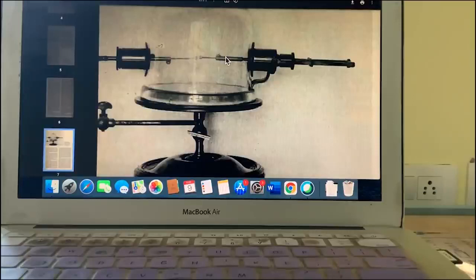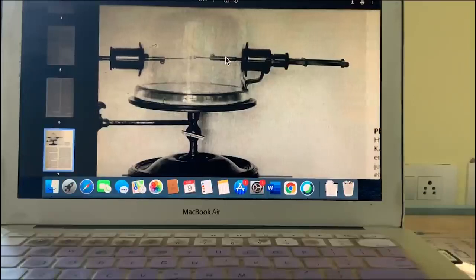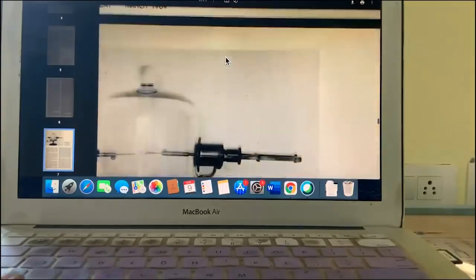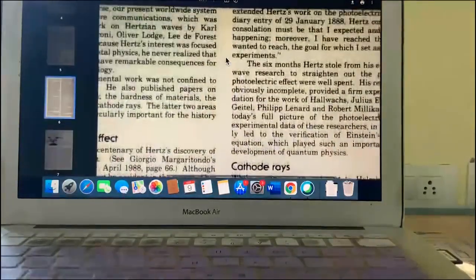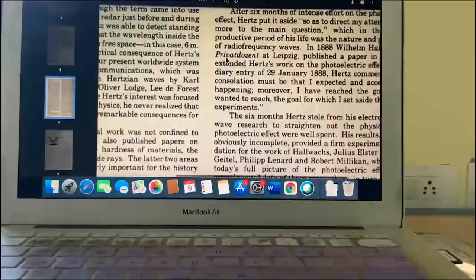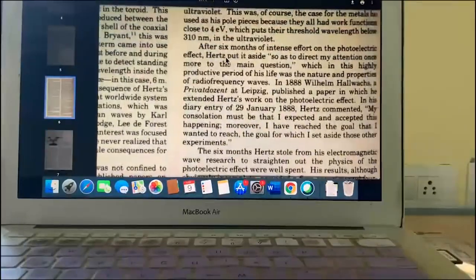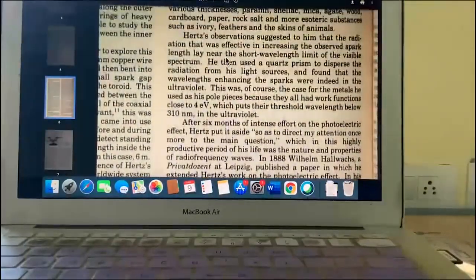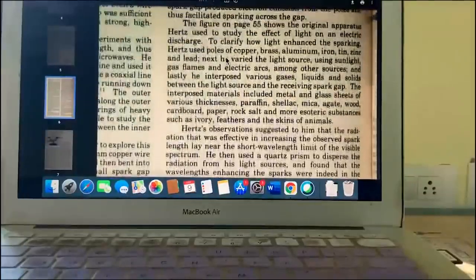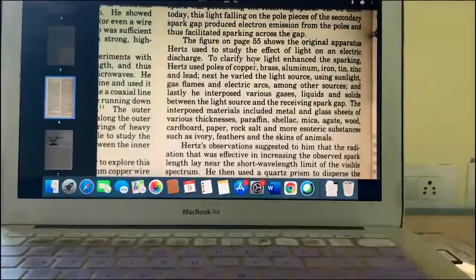So this particular study was devoted to this aspect. The description of this is somewhere here. Yes. It says that to clarify how light enhanced the sparking, Hertz used poles of copper, brass, aluminium, iron, tin, zinc, and lead.